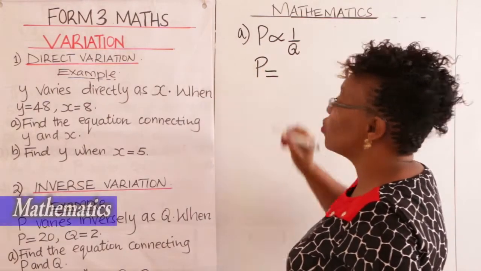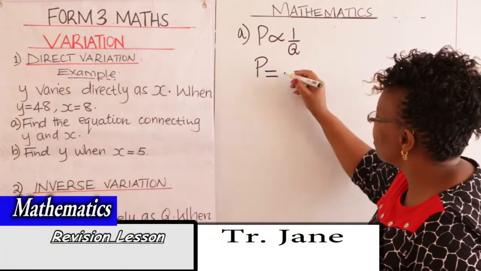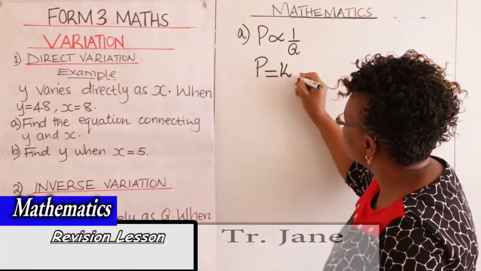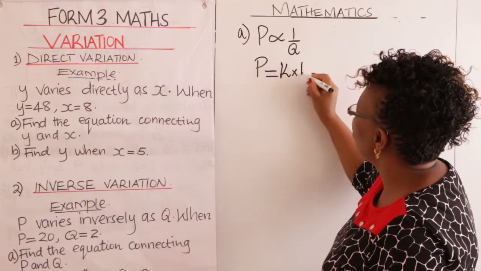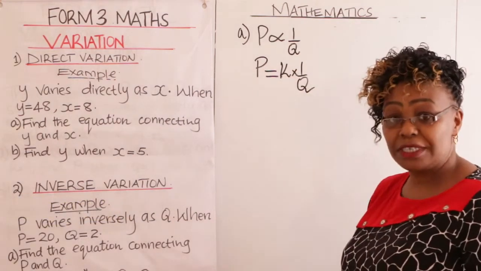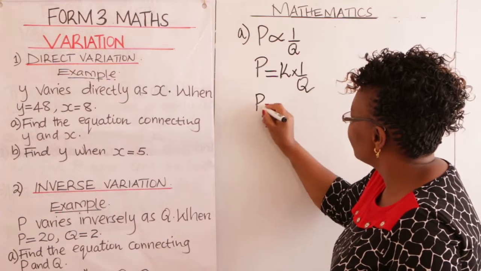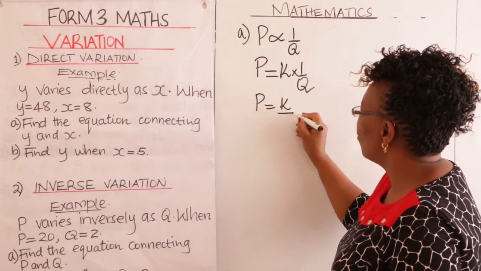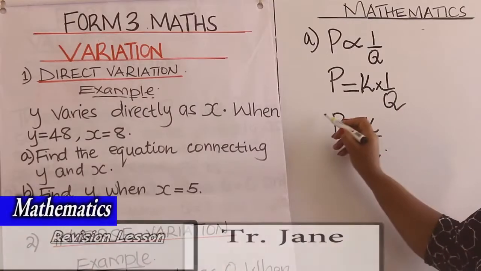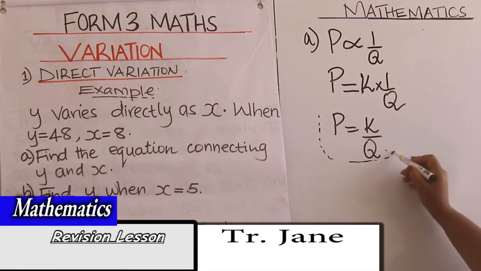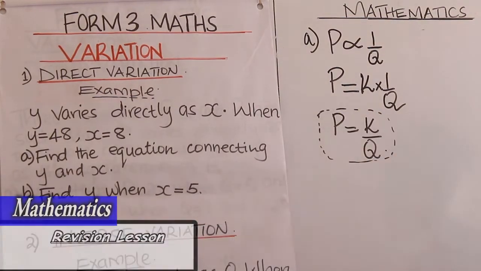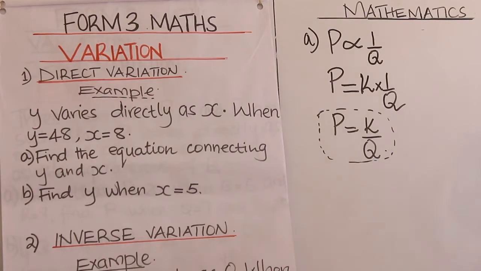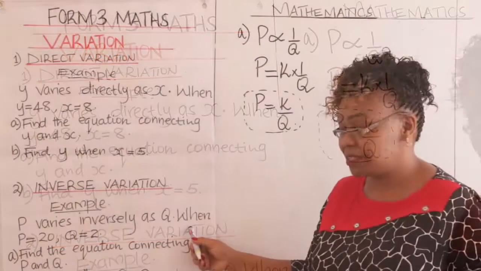So P is equal to what? Once you introduce equal to, you write your K multiplying 1 over Q. So P therefore is equal to K over Q. Note that.